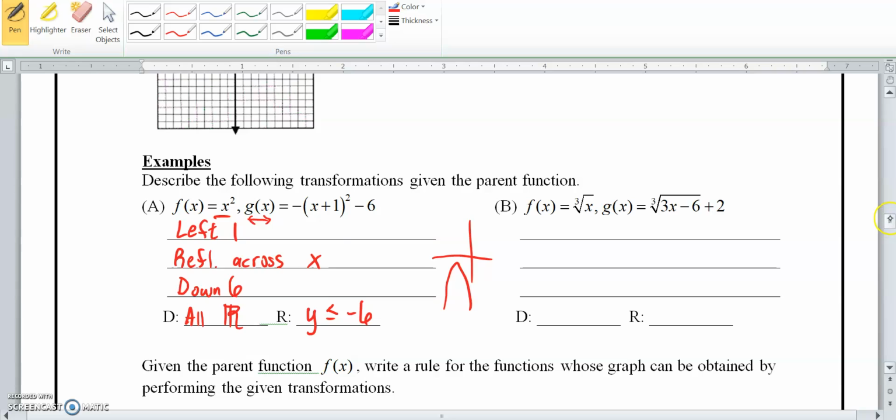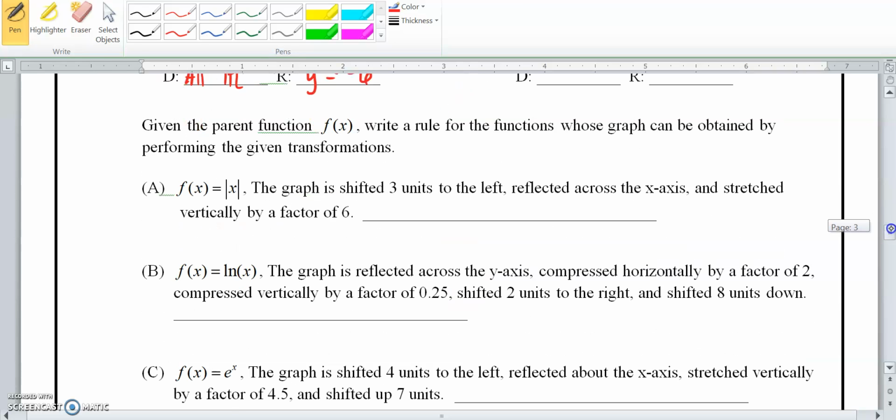So these other couple here, it's the same process we've been going through, where it says, here's a given function, here's what happened to it, write the final function after it's been transformed. I can do one of these quick. So this time, instead of just saying we start with the function f of x, we're really just looking at absolute value of x.